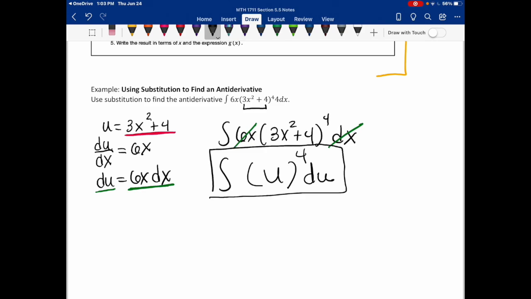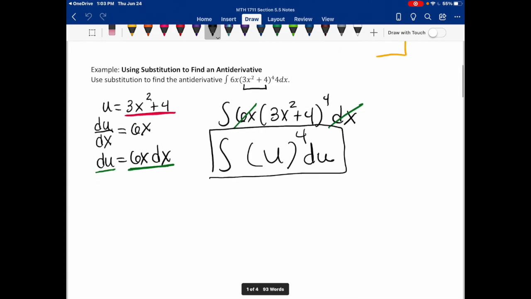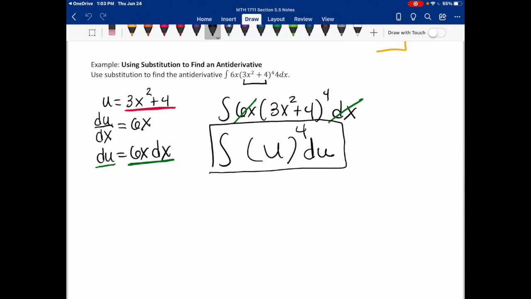Now I know that this integral is set up for substitution because now I have everything in terms of u. If you still have x's in that integrand, then you did something wrong, or you need to go back and try a different substitution. When you substitute, you should change it all into one variable. Once you do that, then we can integrate.